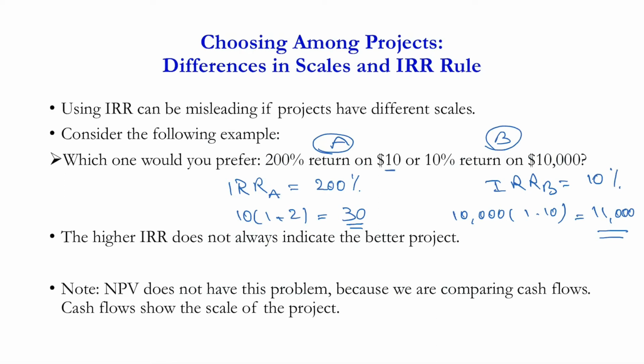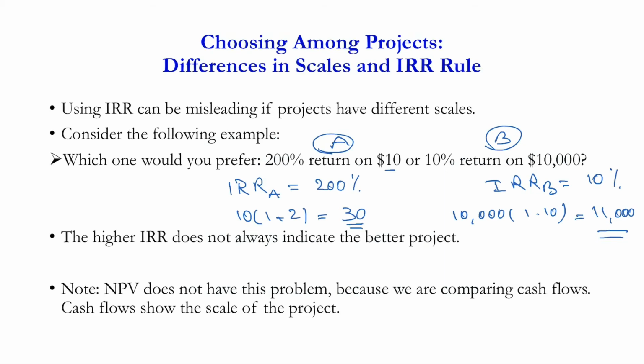When we calculate NPV, we are calculating the present value of cash flows. We are considering the scale of the project, and we are choosing the project that gives us the highest NPV, which directly translates to the amount of cash flows.